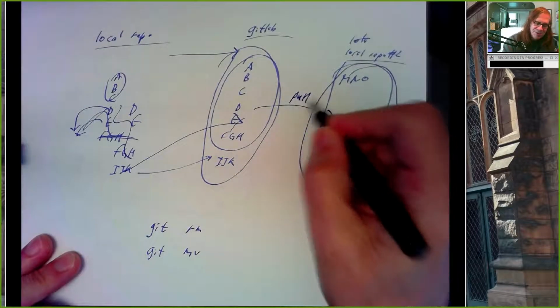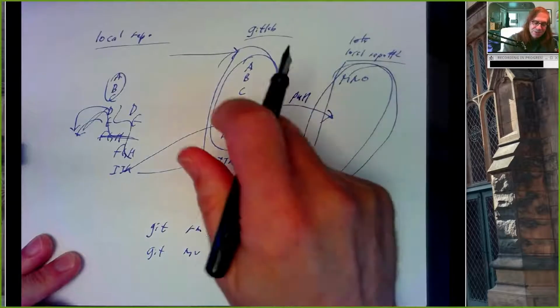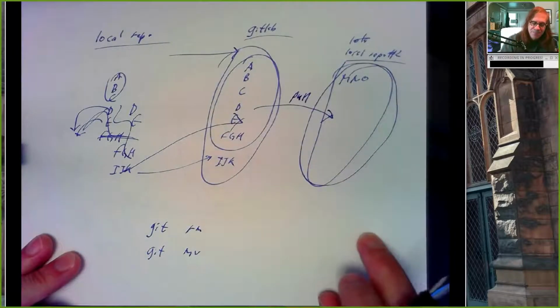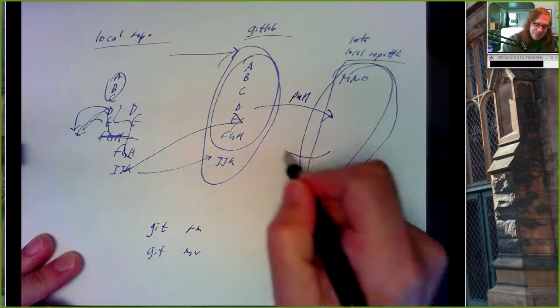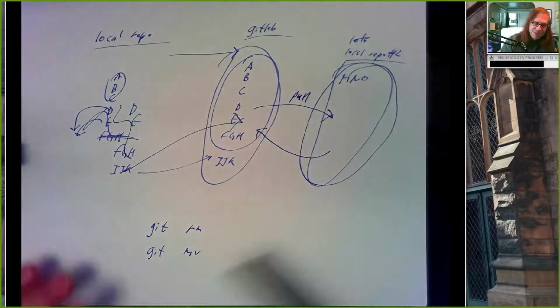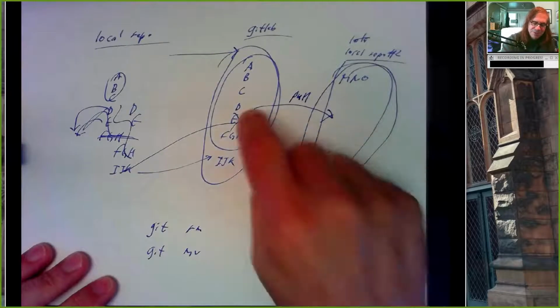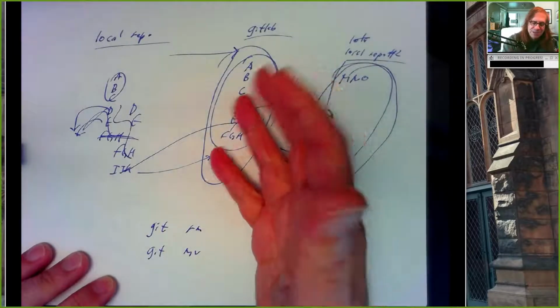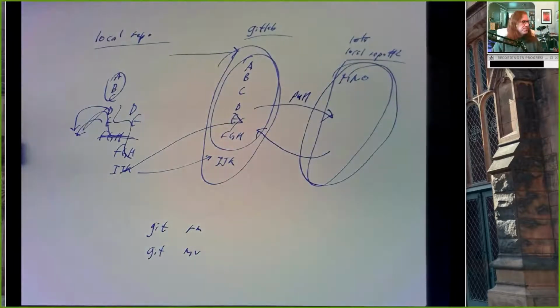In other words, before I make changes to this, I want to make sure it looks like what's on GitLab. And if I forget to do that pull, and then I just do my push, that's where GitLab will complain about, hey, it doesn't look like you started with the same thing I have. I don't know how to turn what I have into what you have. And that's where it yells at you about fast forwards and stuff.